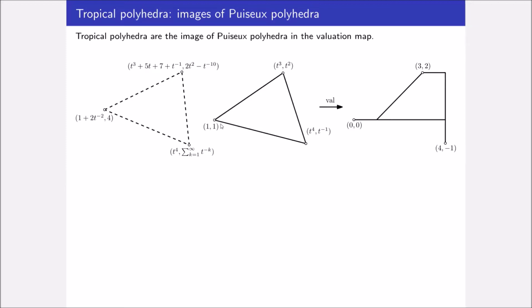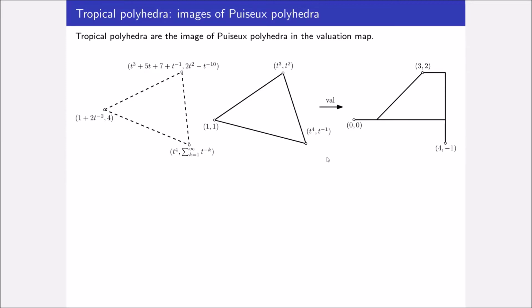It's just the convex hull of these 3 points in the Puiseux plane, I guess. And what we can do is take the pointwise valuation of this triangle and we get the following tropical triangle. It looks slightly odd in that we have a 2-dimensional bit and then these 1-dimensional tentacles hanging off, but that is all perfectly fine. This is what we expect tropical polyhedra to look like.